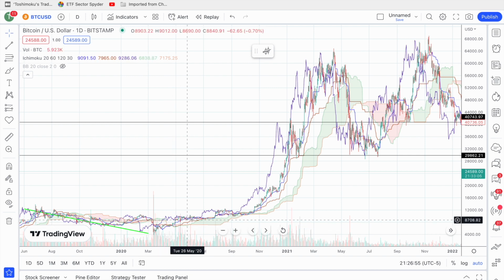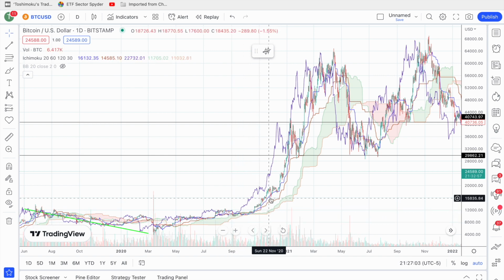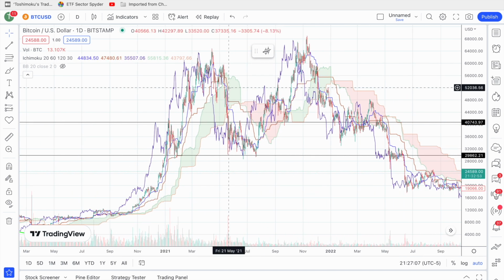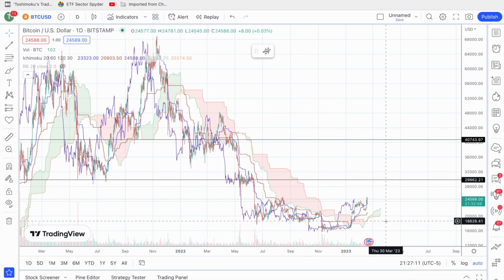It flipped and off to the races, and we did have price action go below the cloud almost, but maintained a green cloud for that whole duration, and it was off to the races. So the question is, are we in that spot right now? Cloud's flipping green. Who knows?